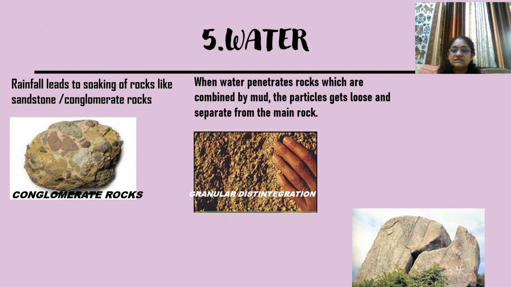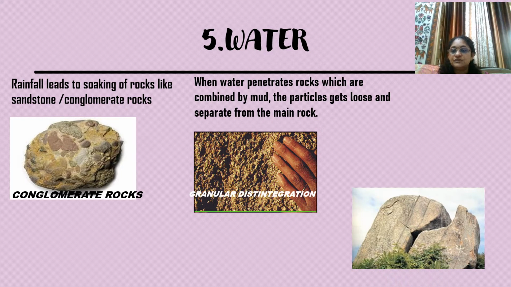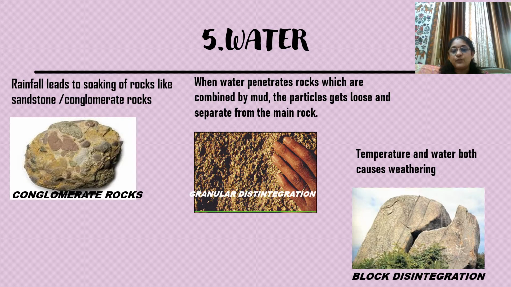Another one is called block disintegration. Now block disintegration is also in the same way, students. You have seen how water enters the cracks, and when the temperature decreases, the water inside the cracks widens, isn't it? That I had already explained before. So water and temperature both cause this physical weathering, and that is block disintegration.